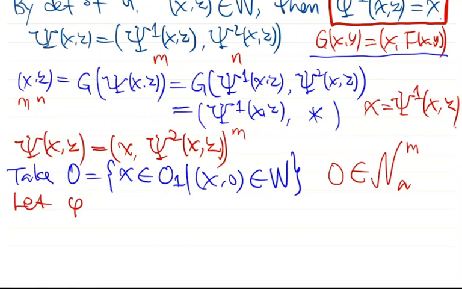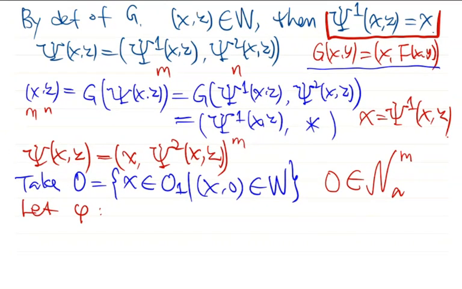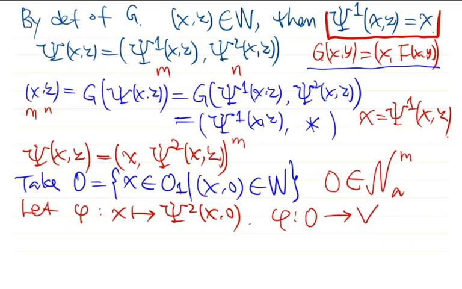And then we define our map phi, which is psi2. The phi maps x to psi2(x, 0). We let phi be this map. Then phi is a map from O to V. We define this map in this way.